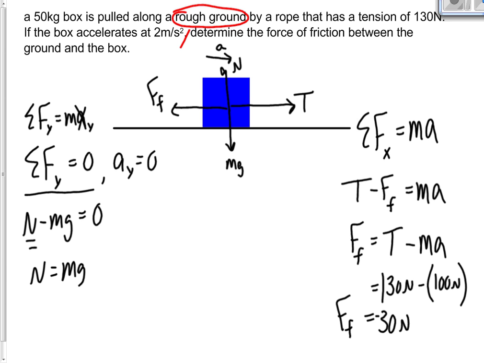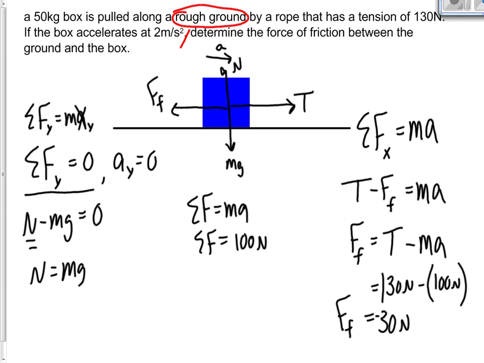So let's think about what this means. If a 50 kilogram box is accelerating at 2 meters per second squared, then let's start with the right side of this equation. The mass times the acceleration is 100 newtons. Positive. If the box is accelerating to the right, then I have to have a net force of 100 newtons to the right.